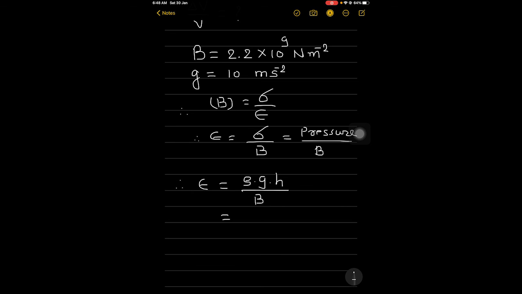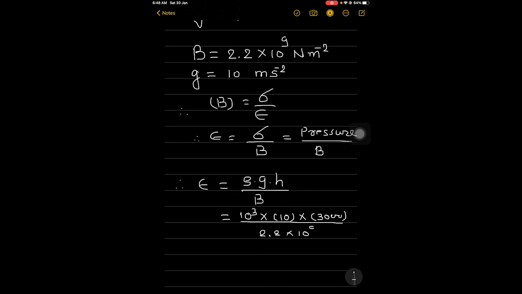So for water, rho is 1000 kilogram per meter cube, g is to be taken as 10, and h is given as 3000 meter. So we can put 10 to the power 3 into 10 into 3000 meter over bulk modulus, that is given 2.2 into 10 raised to 9.